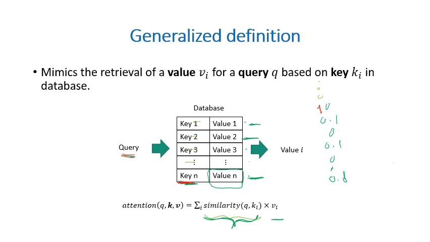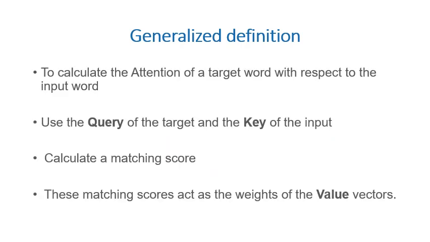So we can define the concept of attention that we were talking about so far in a general form. And in this generalized definition, attention needs three concepts: query, key, and value. And attention is going to be computed using this function.